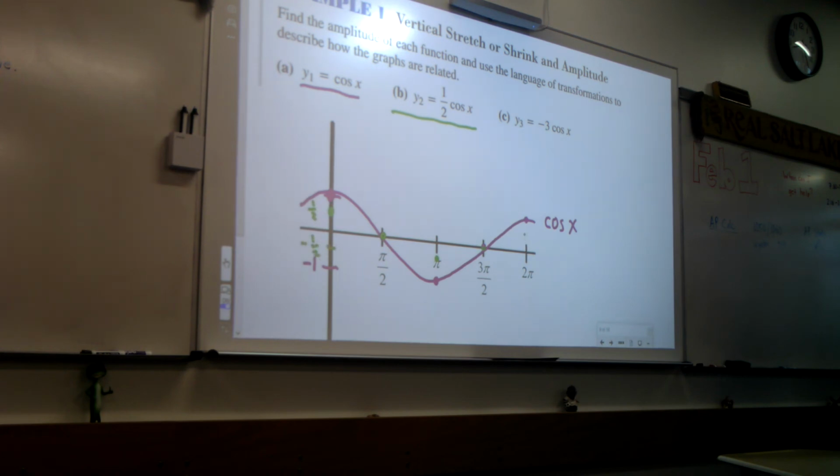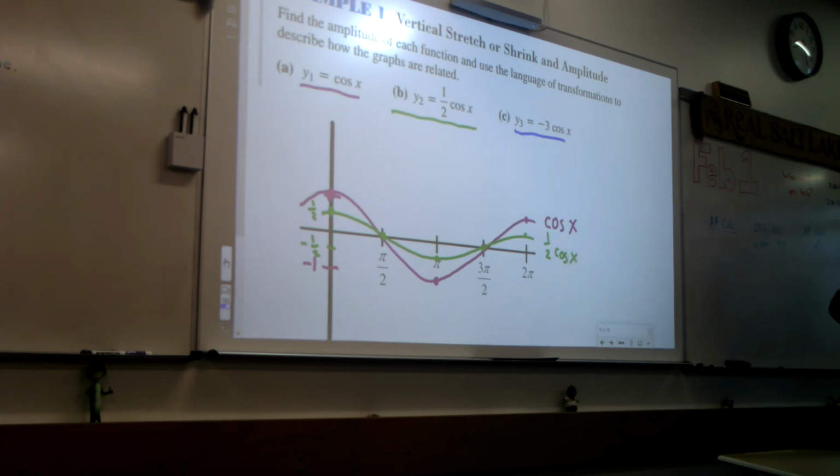So in this case, it wasn't much of a stretch, it was more of a shrink, right? So this is 1/2 cosine of x. And granted, that will just keep going and going and going. We're just doing one cycle here.